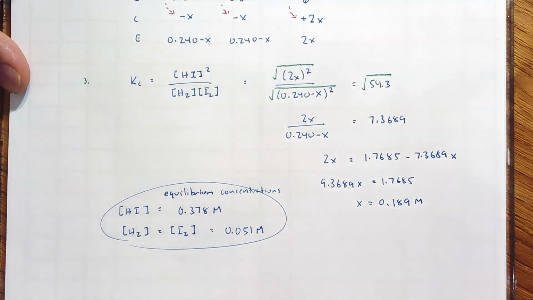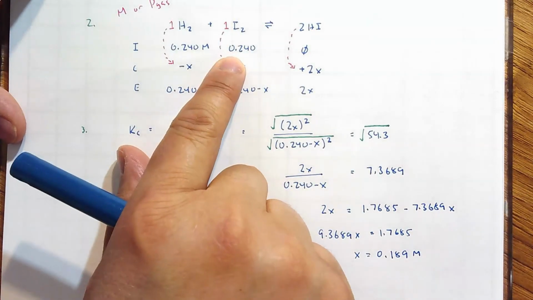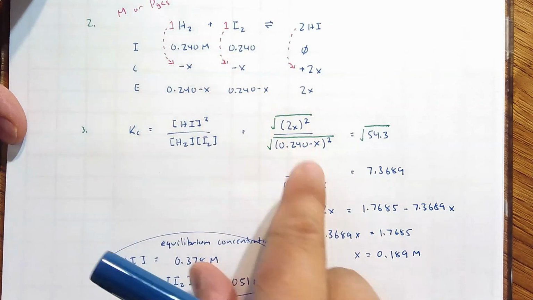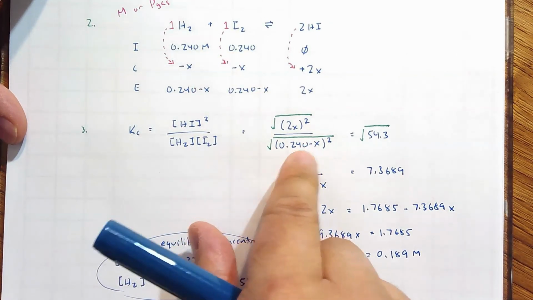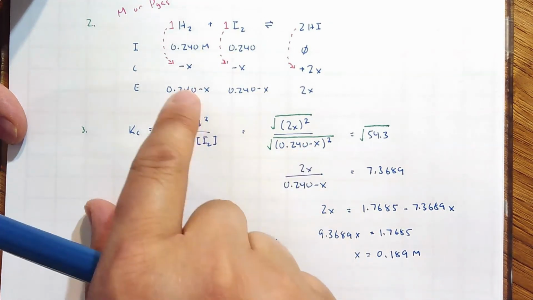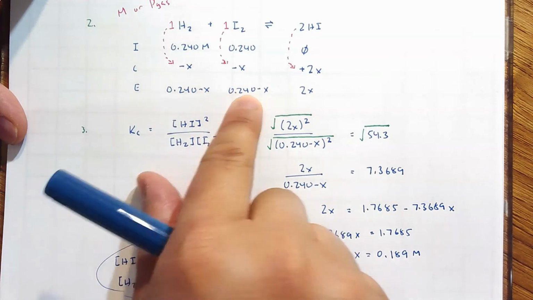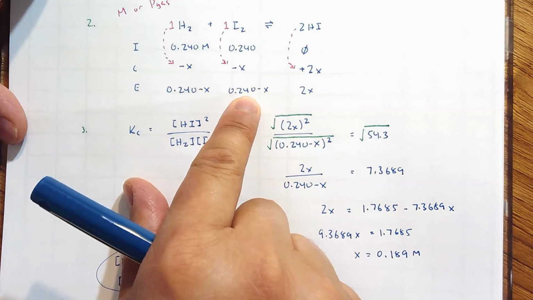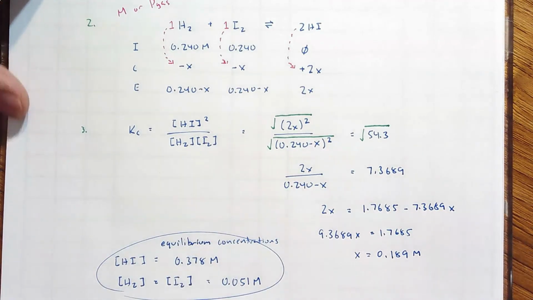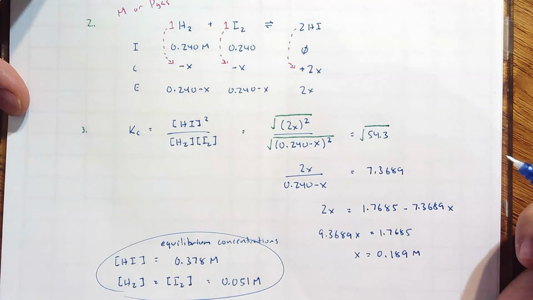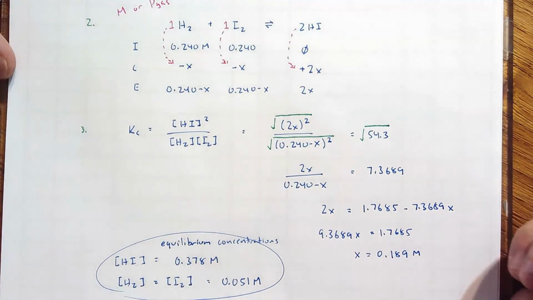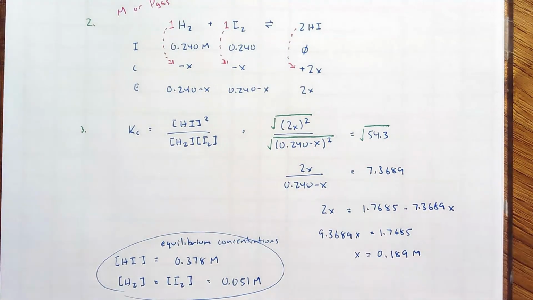Now, do you realize that if this wasn't 0.24, if these two numbers were different, we wouldn't be able to do this trick because it wouldn't be squared. It would be this times a different number, a different expression. And then we would most likely be doing it longhand, expanding every expression and then trying to figure out how to solve for x.